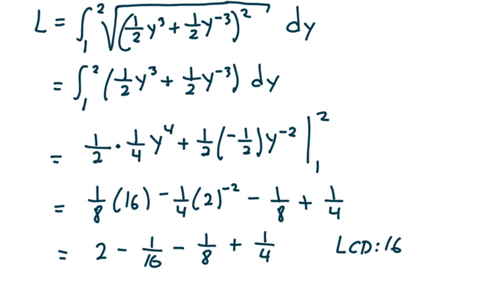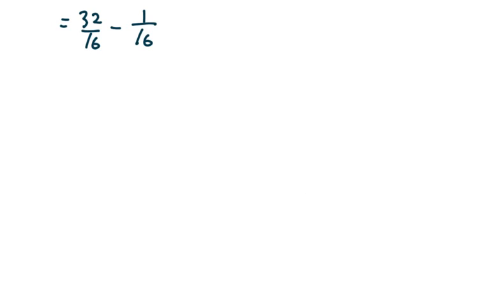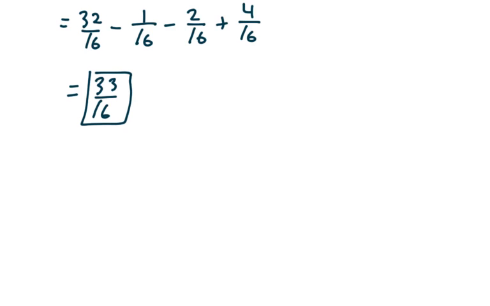Minus 2 over 16 plus 4 over 16. So 32 minus 1 is 31. 31 minus 2 is 29. So it looks like the answer is 33/16. That's example 3.